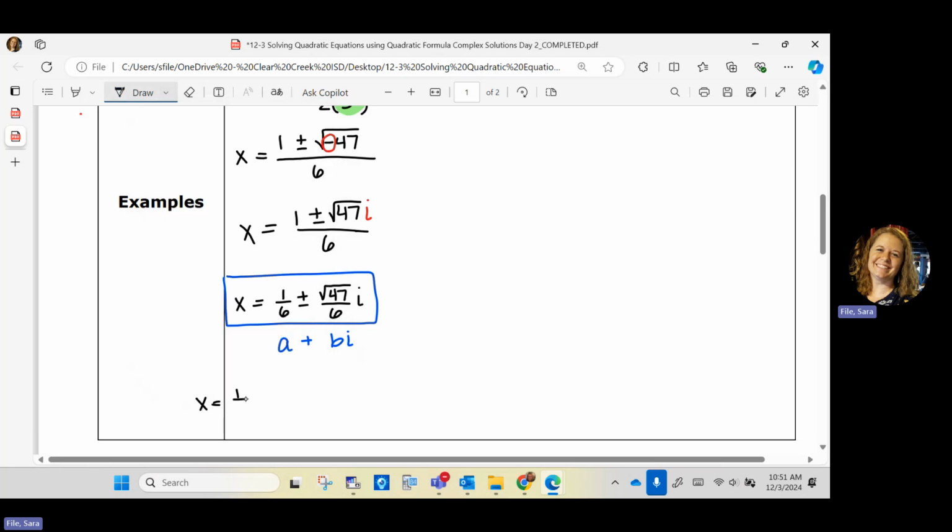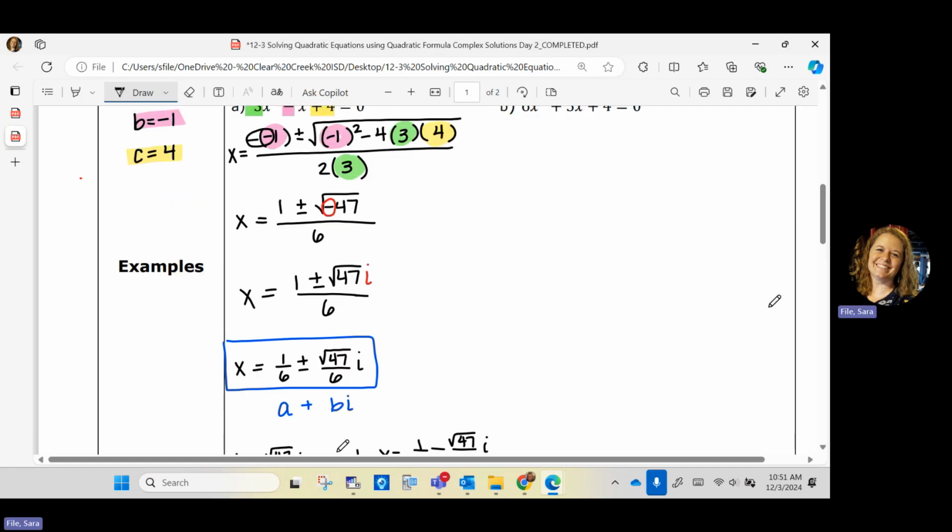You could write this as 1/6 plus the square root of 47 over 6i and 1/6 minus square root of 47 over 6i. That is also correct. I just like to write less and just put a plus or minus together. But that's up to you. So far, so good?